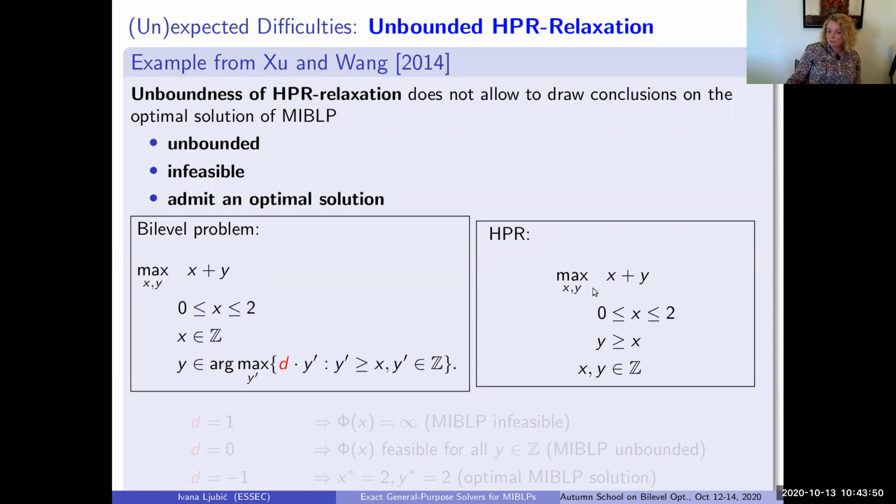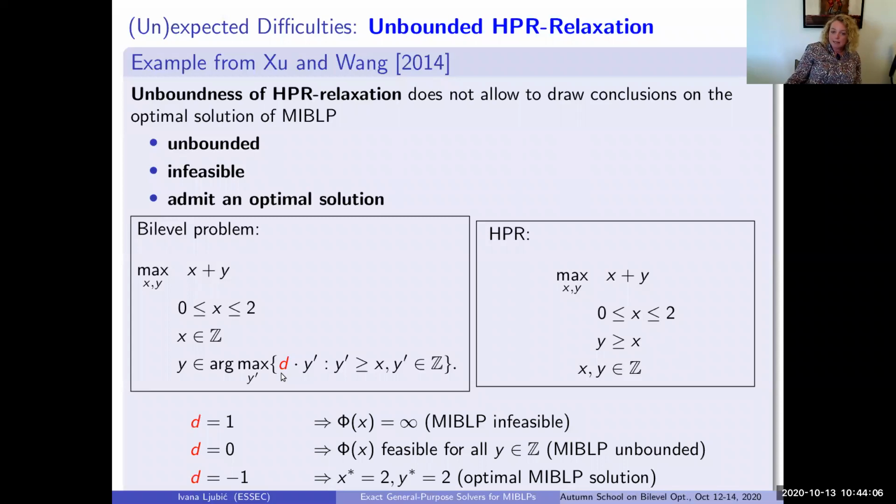So obviously, the optimal solution of this HPR is plus infinity. So HPR is unbounded. However, depending on this coefficient d at the lower level, it will be the case that the original bilevel problem is infeasible if d is equal 1.